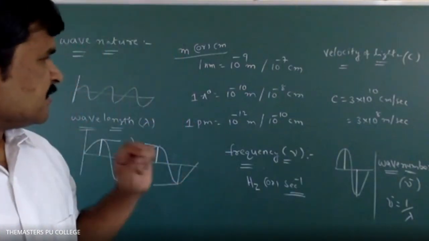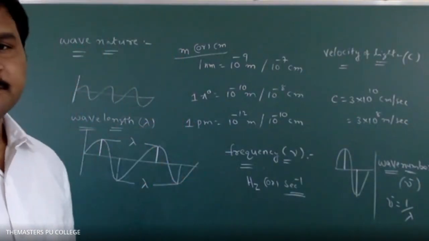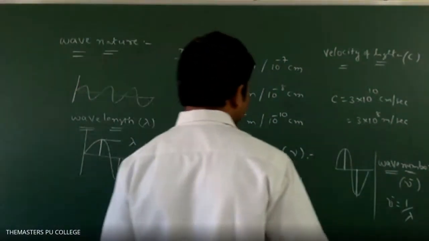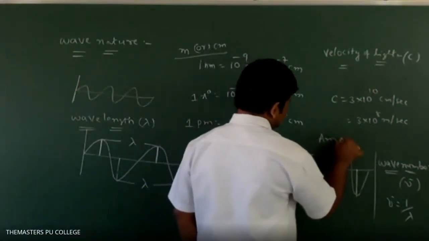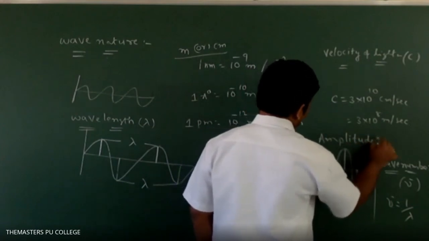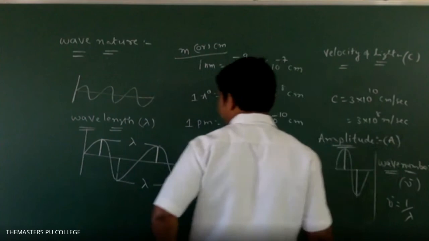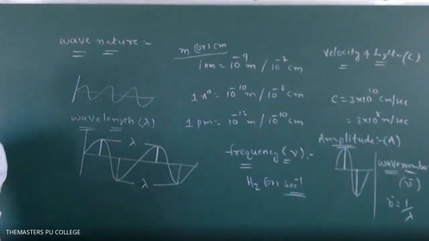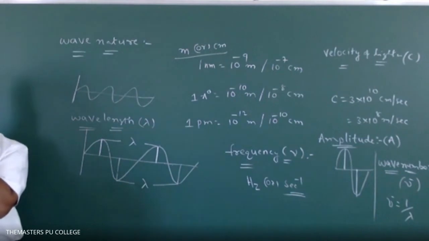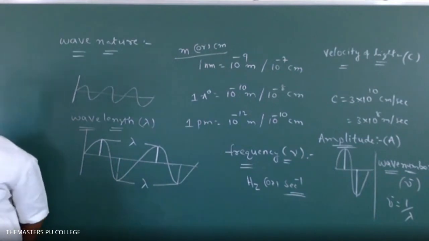Next, amplitude, A. The height of the crest or depth of the trough of a wave.